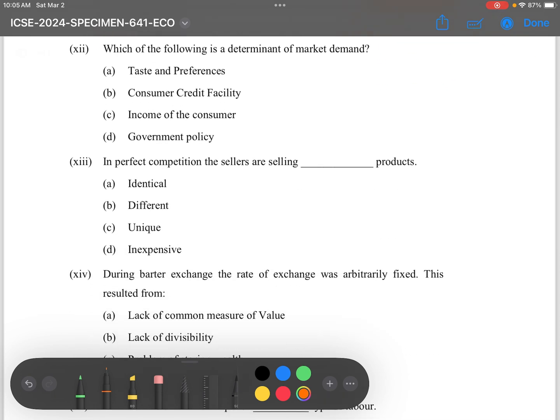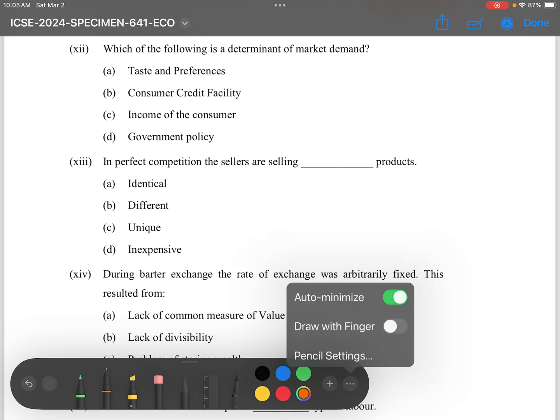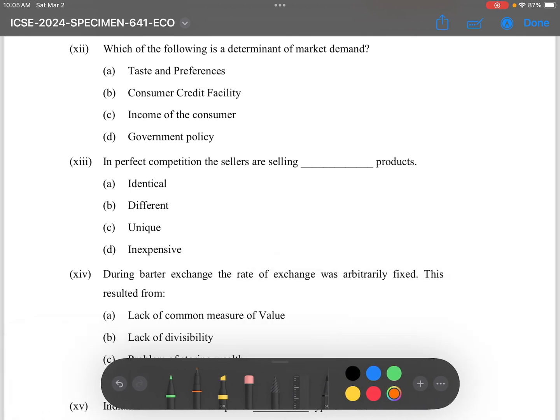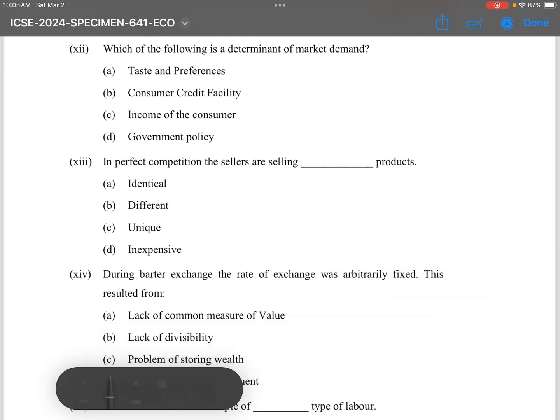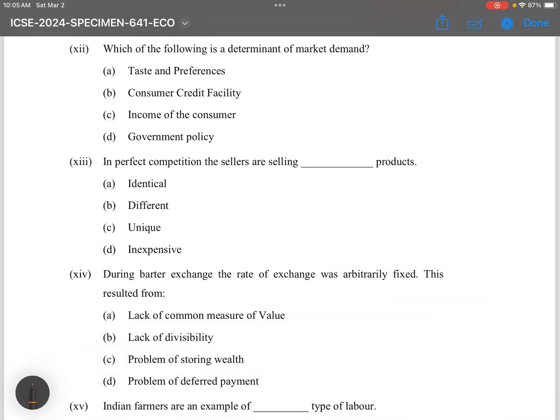Next question is, which of the following is a determinant of market demand? When you are doing market demand, always remember that market demand and individual demand factors are different. Individual demand factors can influence the demand of individual consumers. Market demand is all the consumers together.